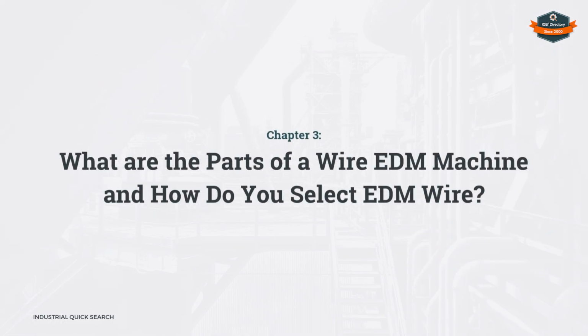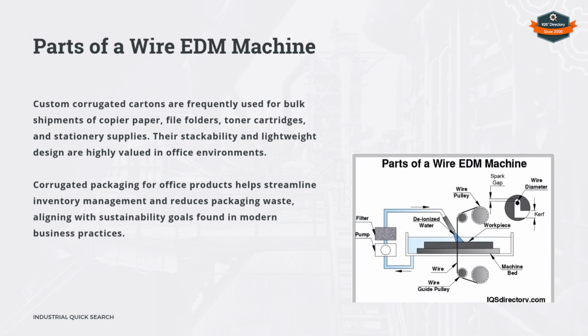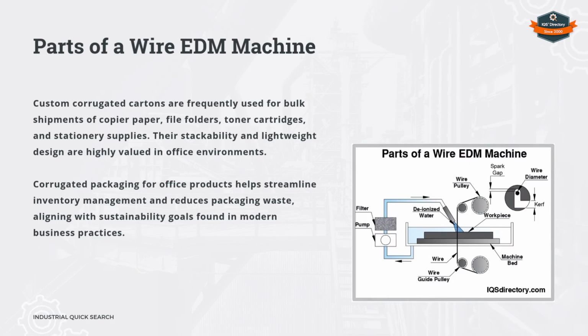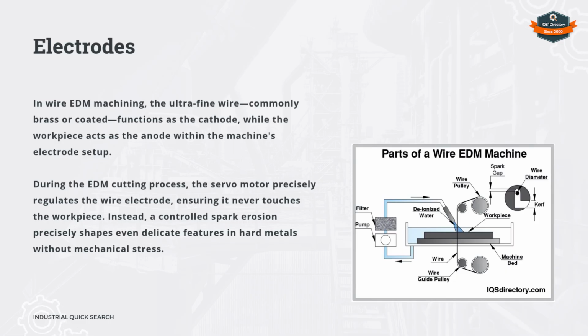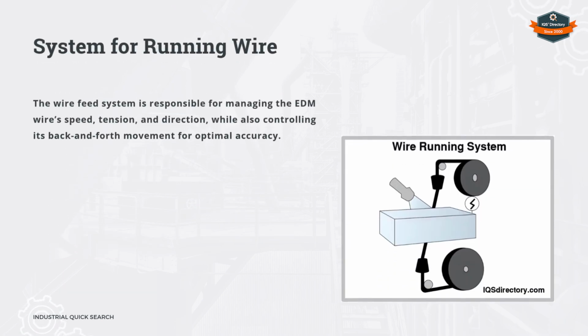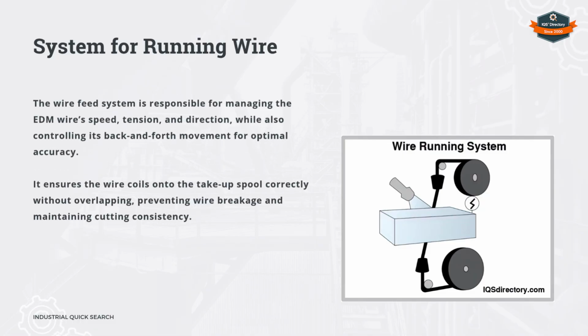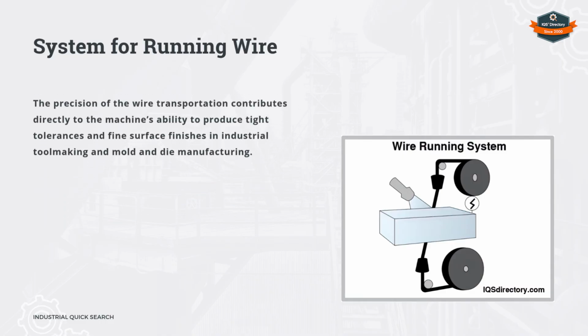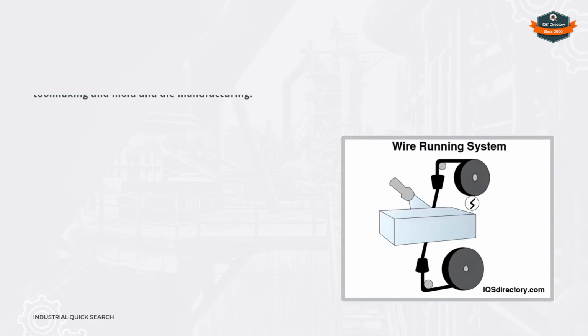Chapter 3. What are the parts of a wire EDM machine and how do you select EDM wire? Parts of a wire EDM machine. Electrodes. System for running wire. Wire.